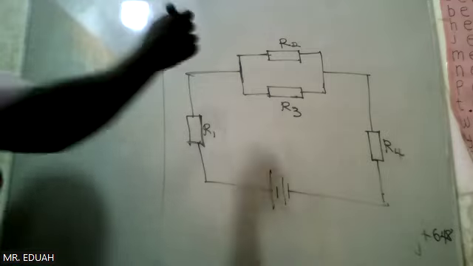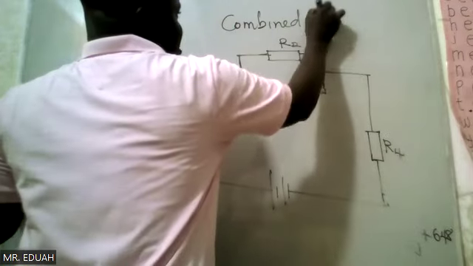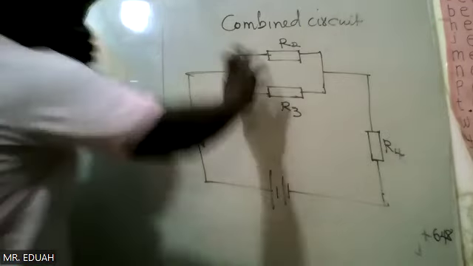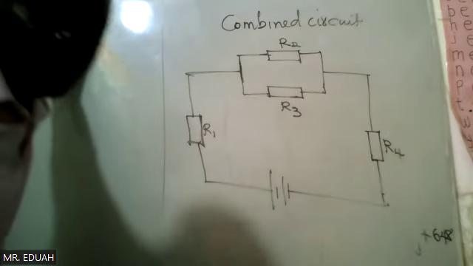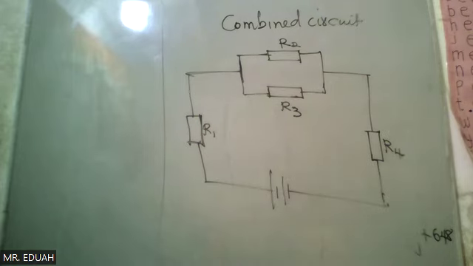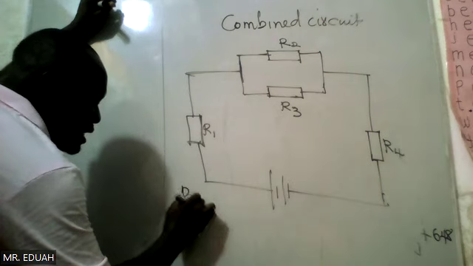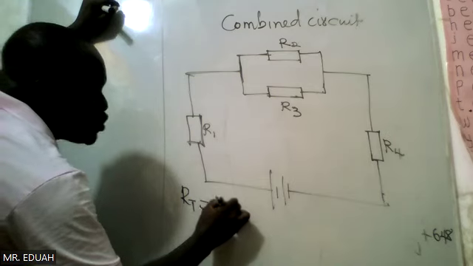Okay, so this is what we call a combined circuit. How do you deal with a combined circuit? You have to resolve this to look like a single circuit. So you find the equivalent resistance of these two.